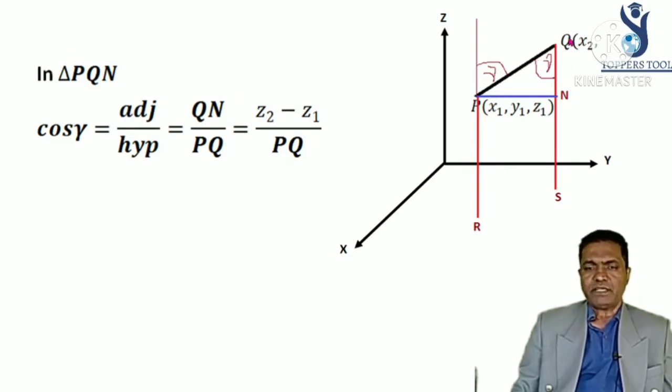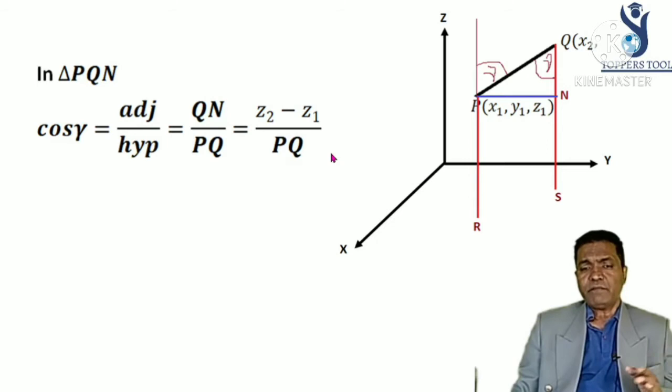So cos of gamma is adjacent QN and hypotenuse PQ. As I said, this distance is z2 minus z1. So QN is (z2 minus z1) by PQ. PQ you can find by using the distance formula. Okay. So cos gamma is (z2 minus z1) by PQ.